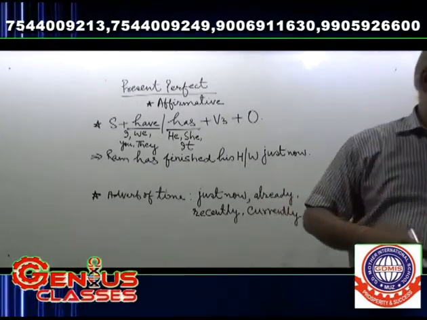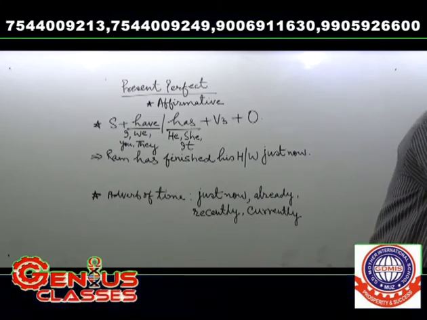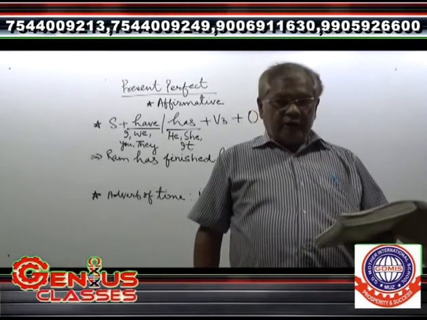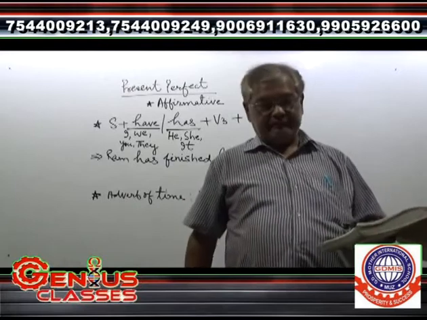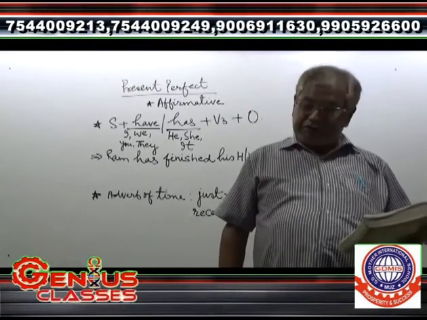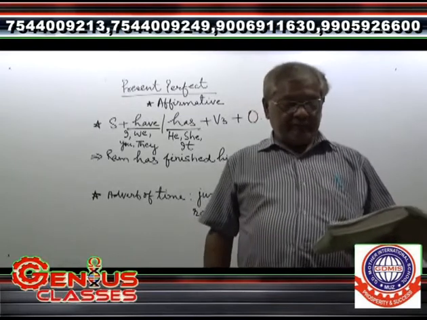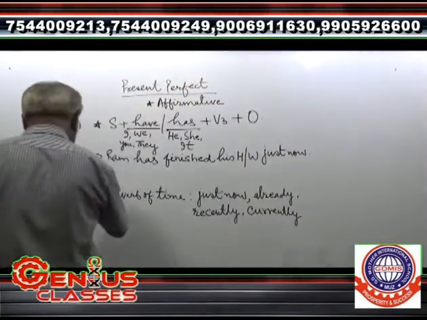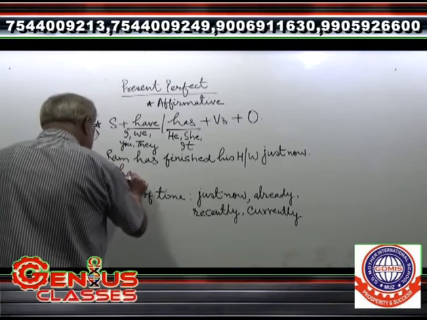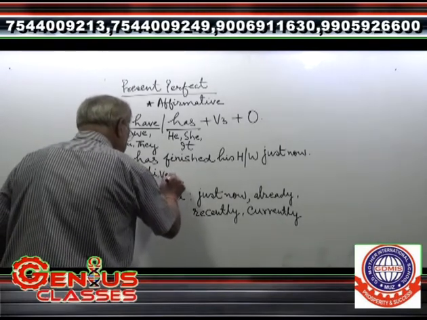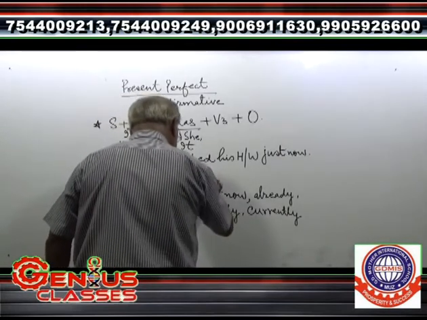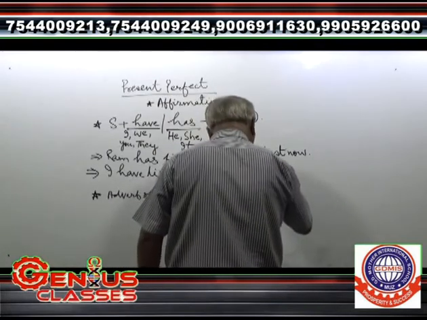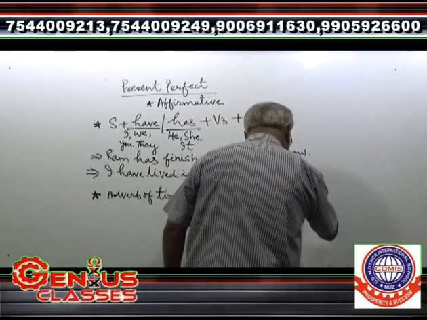Now one more use we have to understand for the present perfect tense, that is to express an action that still continues. One example: I have lived in Mumbai for 5 years.